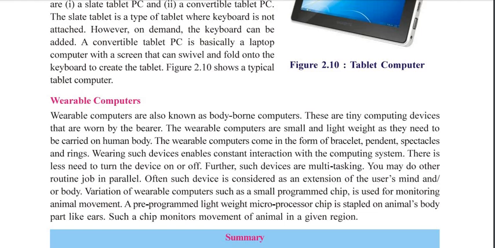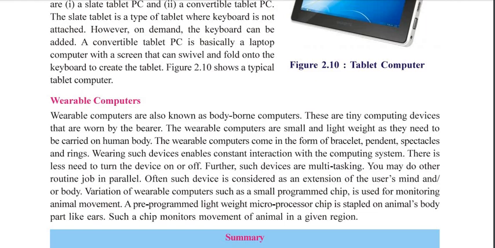A wearable computer means you can wear that computer and use it whenever and wherever you want. Wearable computers come in the form of a bracelet, pendant, spectacles and rings. It can come in a pendant form which you can wear on your neck, or in a ring form.